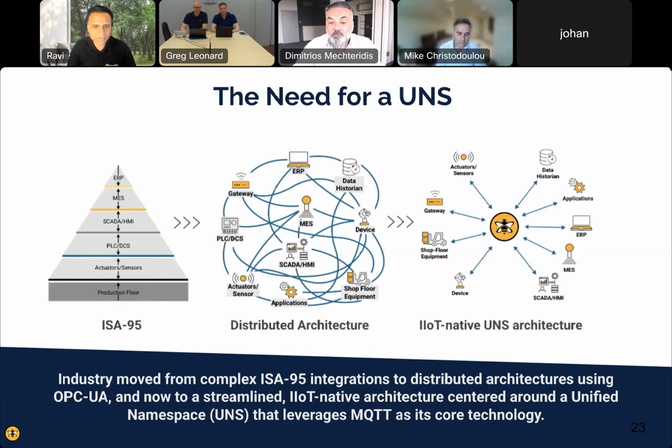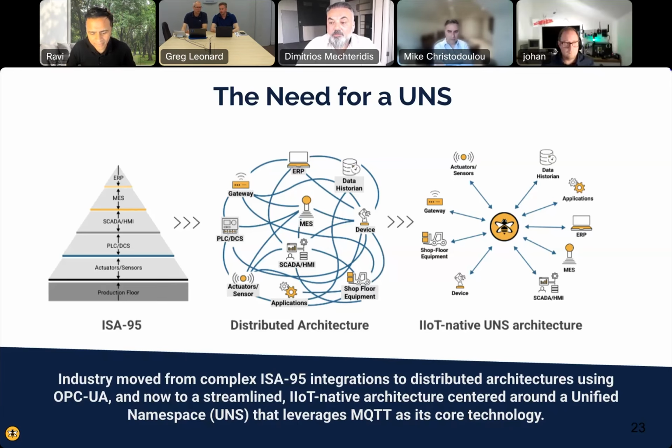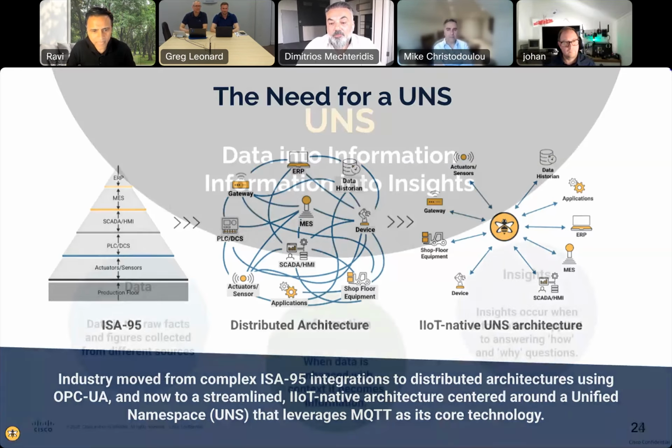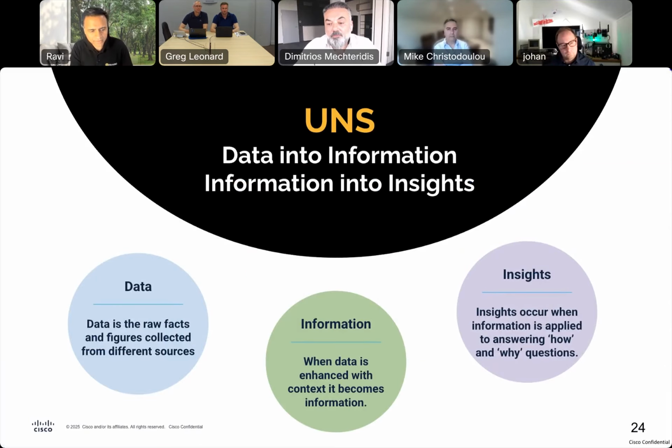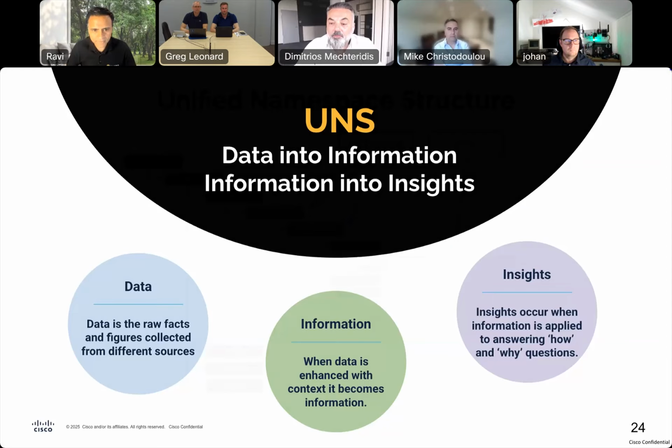So it's more efficient from a bandwidth perspective, and it is also easy to add new systems as new systems come in, or when systems leave, it is easy to do that as well. And so what UNS does is it takes your raw data, it creates information, and then it drives insights. That's the core functionality of a UNS.